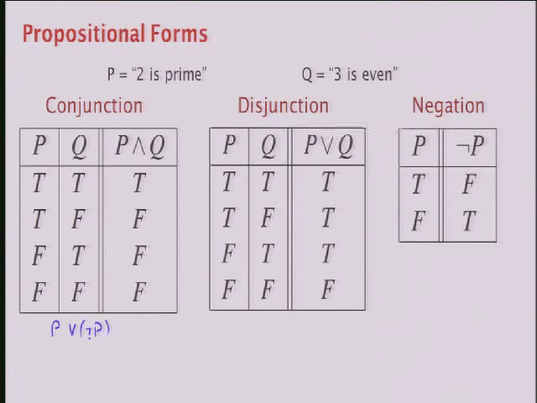So this is called a tautology. A tautology is a propositional form that's always true. We can also look at P and not P. It's always false. Right? It's called a contradiction.